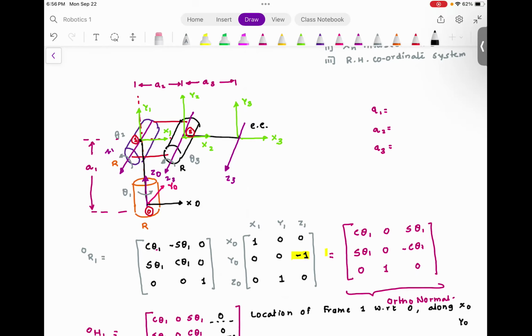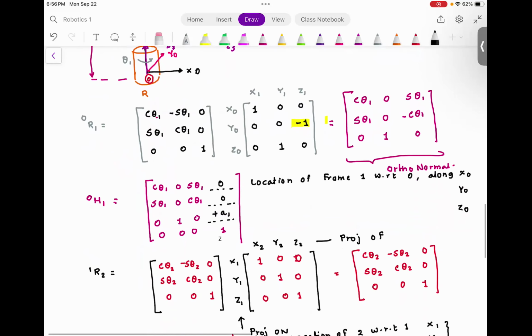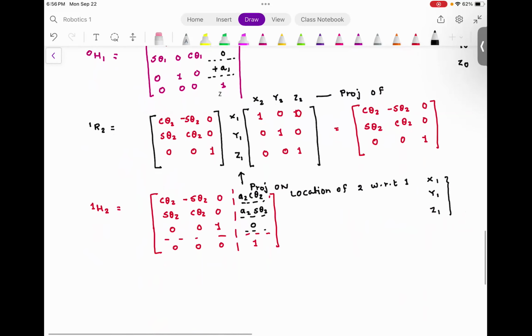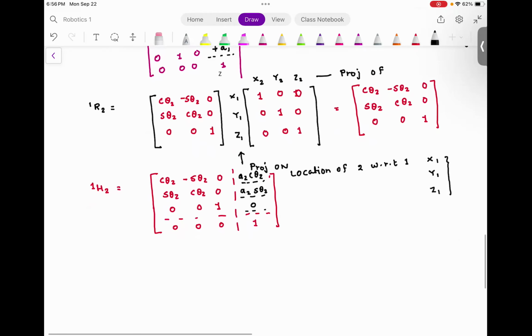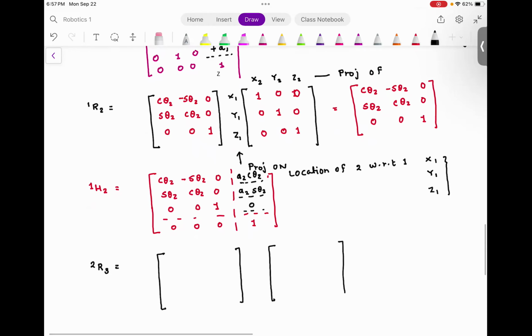So the next part is you need to go to the next rotation matrix, 2R3. The first part of the rotation matrix is never going to change. The second part of the rotation matrix would change depending upon whether the coordinate system is aligned or not aligned.